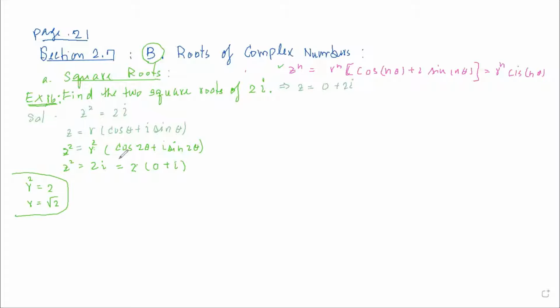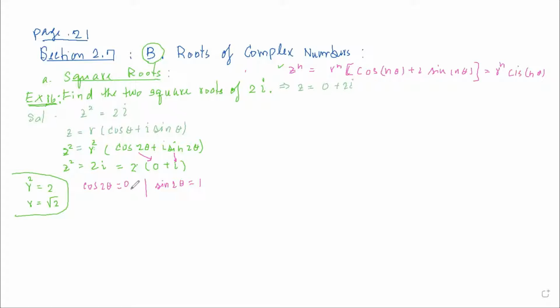Now after we get r, from this identity we can equate both sides: cosine 2 theta plus i sine 2 theta equals 0 plus i. So we get cosine 2 theta equals 0, and at the same time sine 2 theta equals 1.